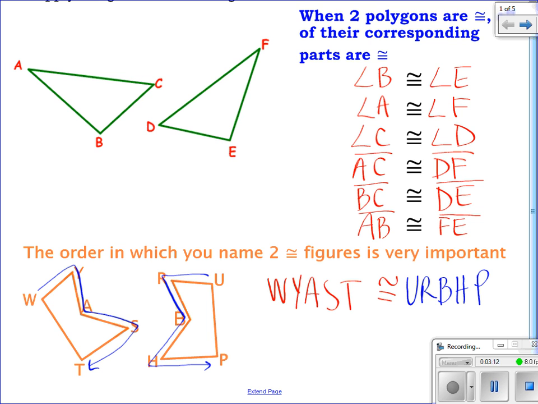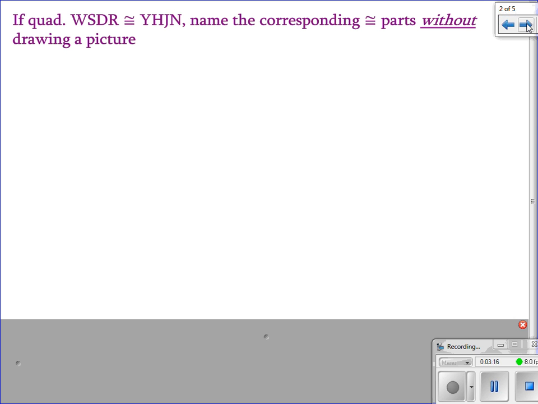So looking at the next example, if we have two quadrilaterals, WSDR and quadrilateral YHJN, we want to list all of the congruent parts. So let's start with the angles. Okay, if I talk about angle W on the first one, that's going to be congruent to what other angle?